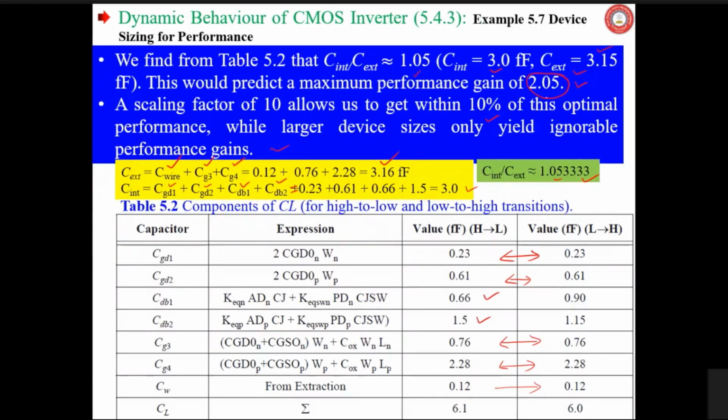So we find from this table that C internal by C external equals 1.05. C internal is equal to 3.0 femtofarad and C external is equal to 0.1 femtofarad. Can you see here?